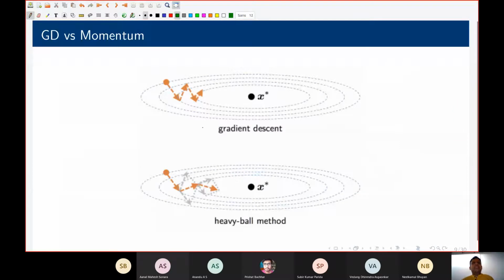Okay, so this is just to contrast what's happening. Gradient descent is oscillating here, whereas with heavy ball, or as we see with Nesterov, you have some course correction. Course correction is because of the velocity. Now it's not that it's heading straight to the star. It's still having a little bit of oscillation, but the oscillation is reduced.